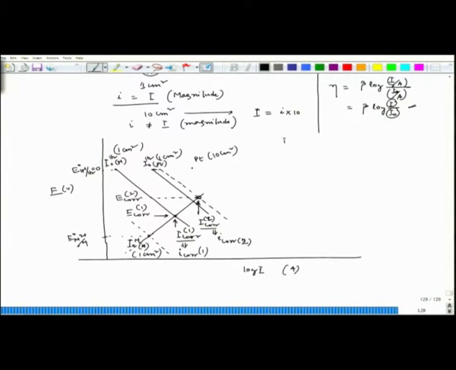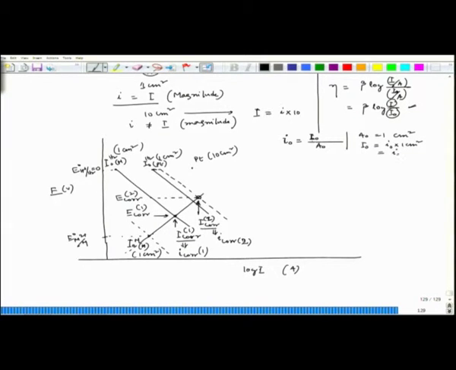Now, i0 equals capital I0 by A0. If A0 equals 1 centimeter square, then capital I0 equals i0 times 1 centimeter square.